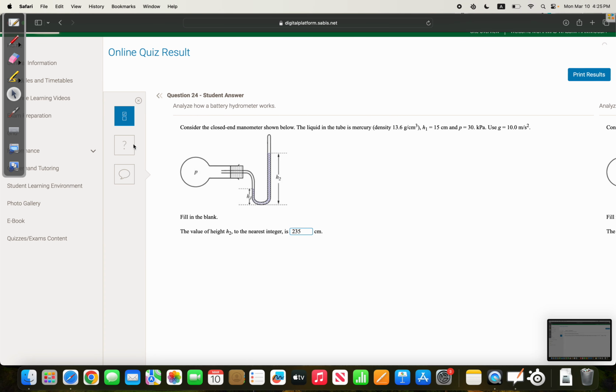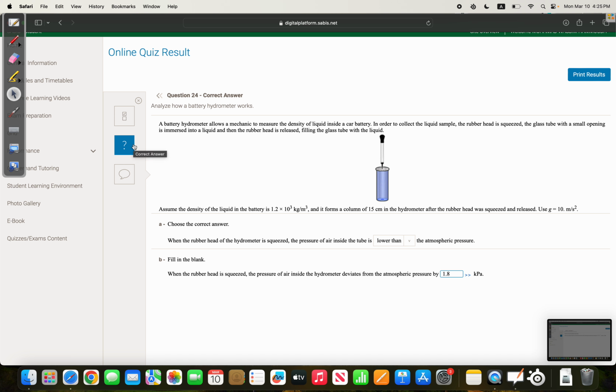Question 24, which is the final question. A battery hydrometer allows a mechanic to measure the density of a liquid inside a car battery. In order to collect the liquid sample, the rubber head is squeezed, the glass tube with a small opening is immersed into a liquid, and then the rubber head is released, filling the glass tube with the liquid.